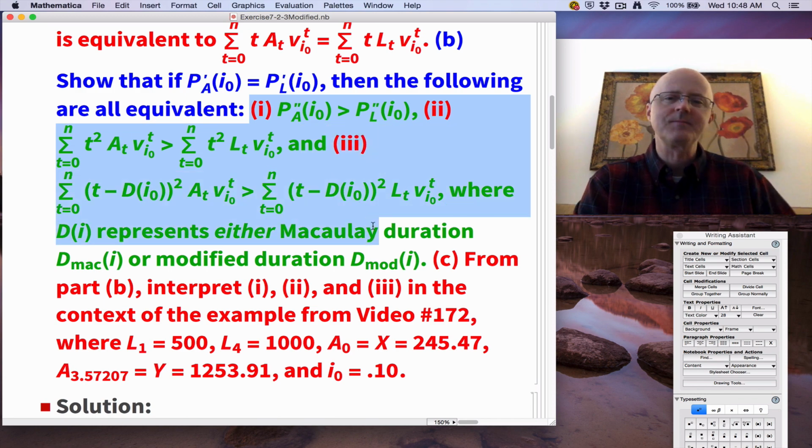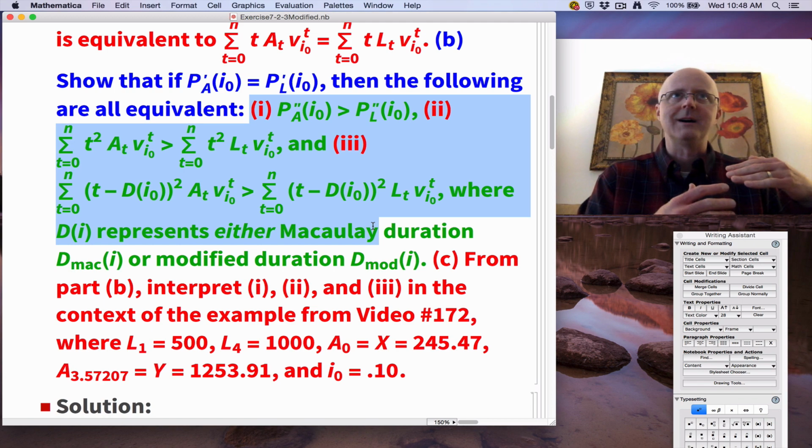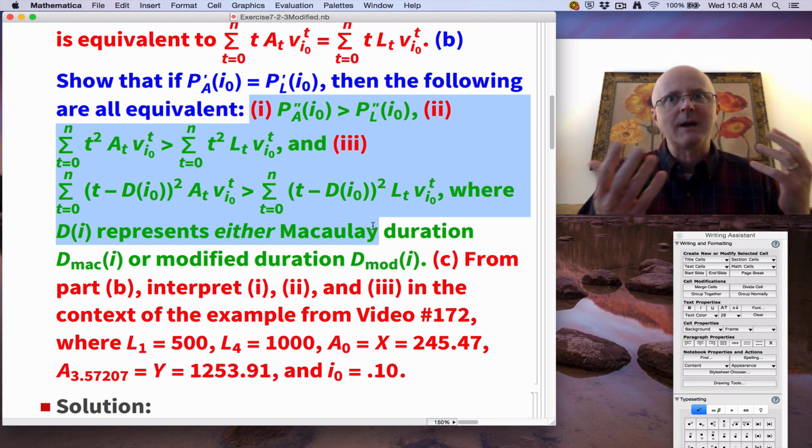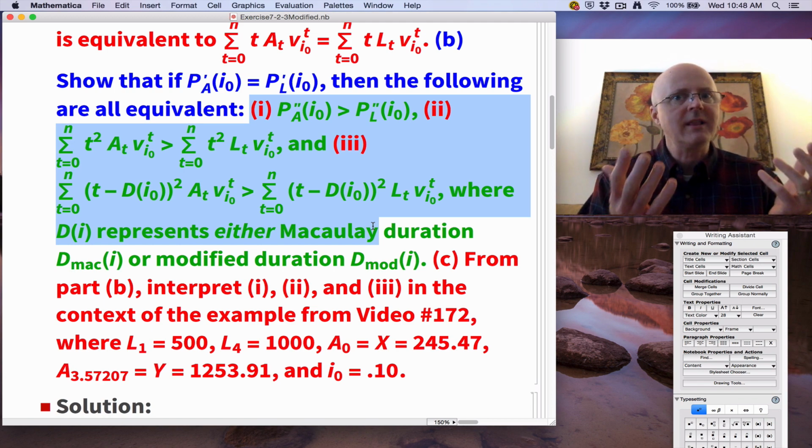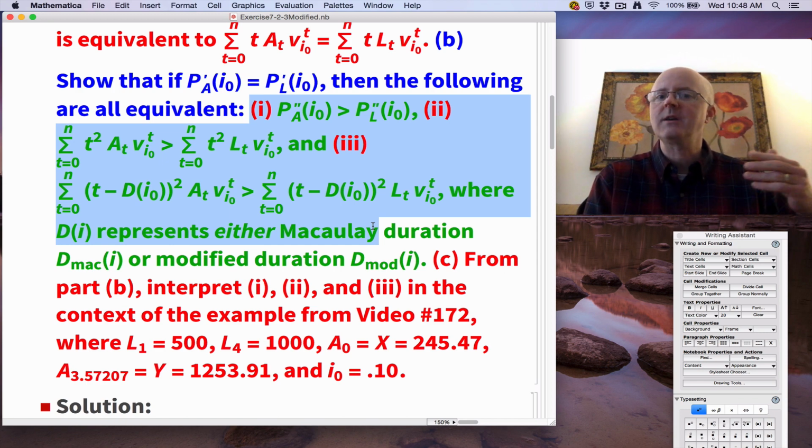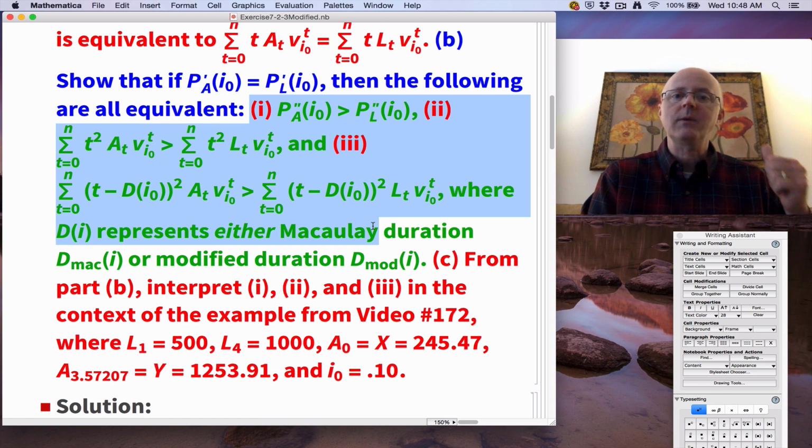What does that mean? Well, if you look at video 172, near the end of the video, I talk about trying to find a minimal value of y that, in a sense, doesn't quite lead to Redington immunization, but almost does. We saw in video 171 that even though we matched present values and durations, we were not immunized.